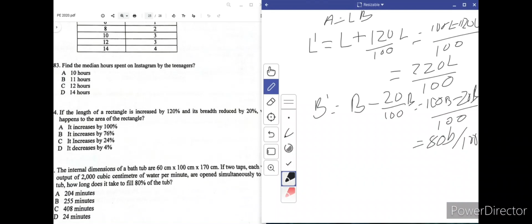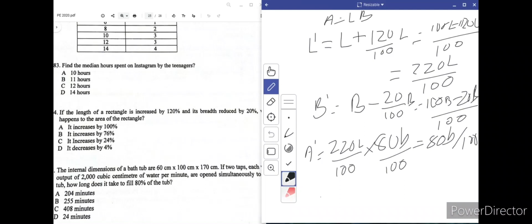Now new area A dash is equal to new length, that is 220L divided by 100, into new breadth, that is 80B divided by 100.